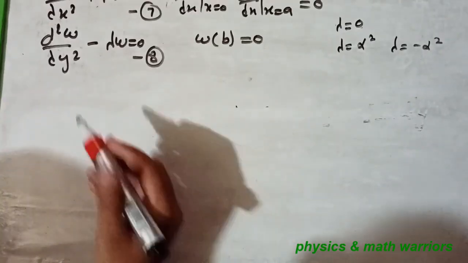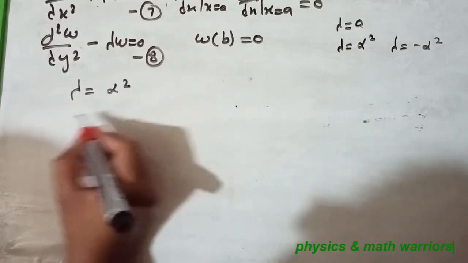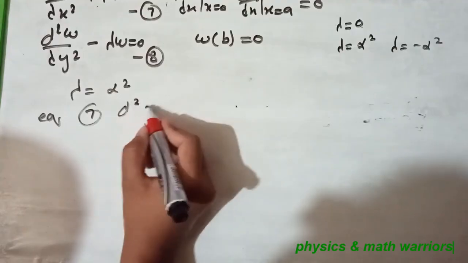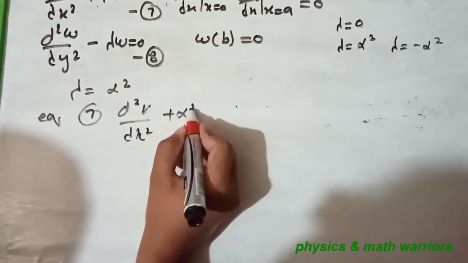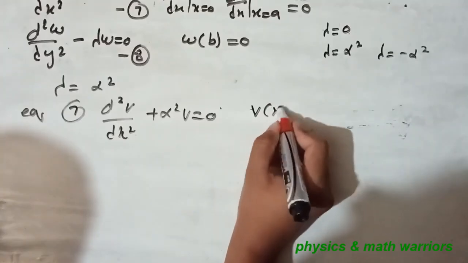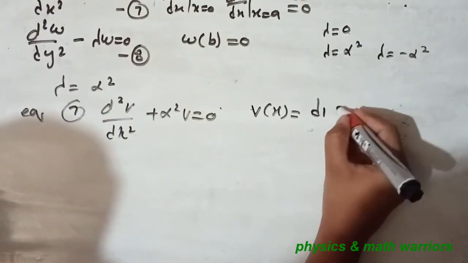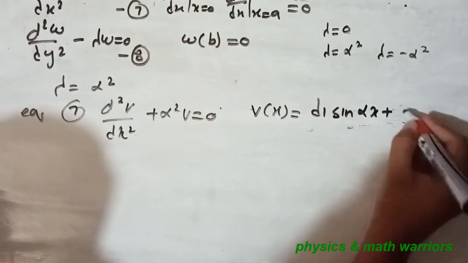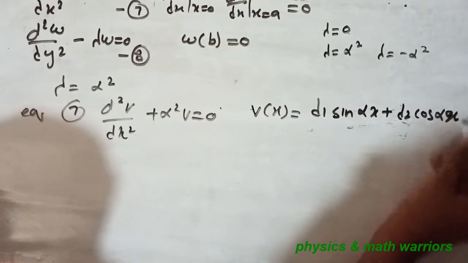Now we will discuss the third case, when lambda is equal to alpha square. Equation 7 becomes d square v over dx square plus alpha square v is equal to 0, and the solution of this equation is v of x is equal to d1 sin alpha x plus d2 cos alpha x.